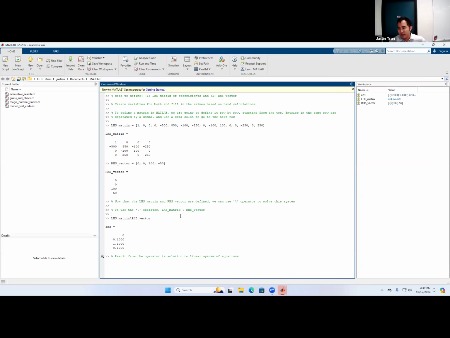I'm sorry, I'm so hungry, I can't count right. Okay, that's all there is to it. Basically you're defining your matrix, defining your vector, and then using the backslash operator to compute the solution. Any questions on that?